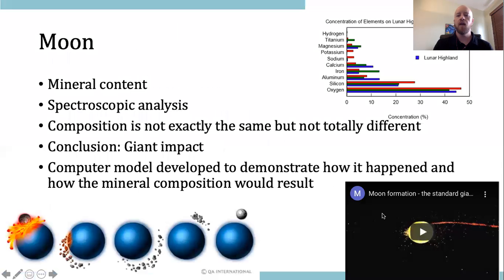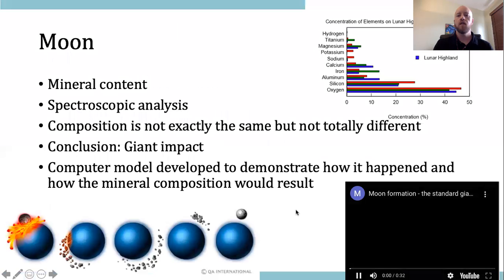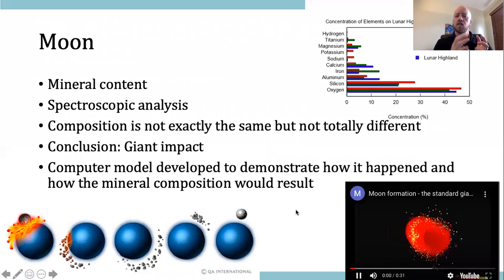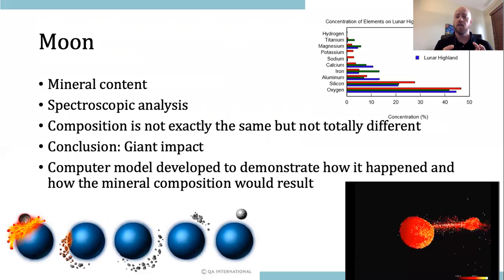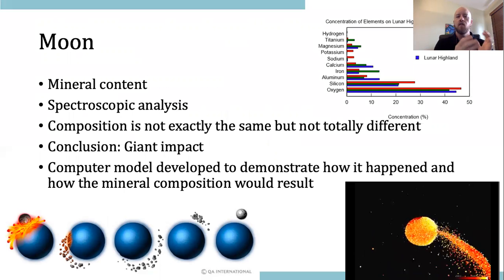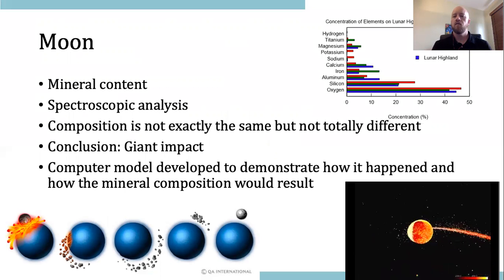And so what we find is that the mineral content is not quite the same. It's not identical, but it's also not wholly alien either. So it indicates that there must have been some sort of giant impact that collided some other object with the Earth. And then we begin to develop models to come up with how we might have gotten that kind of content.